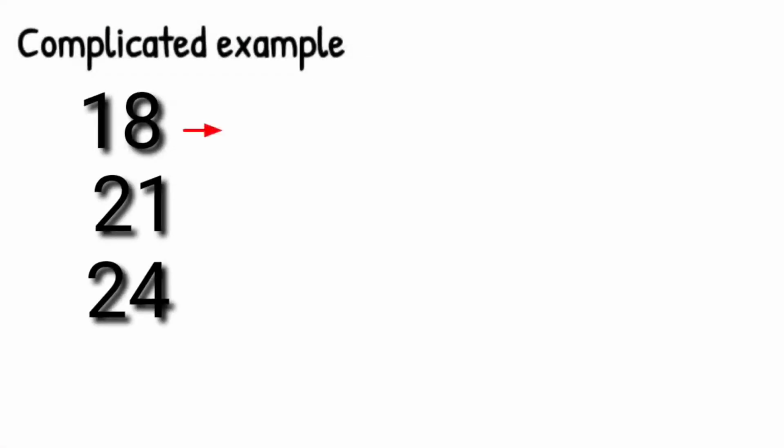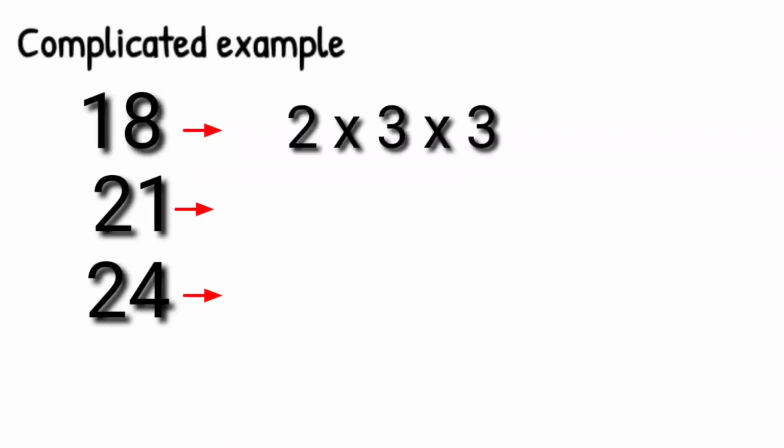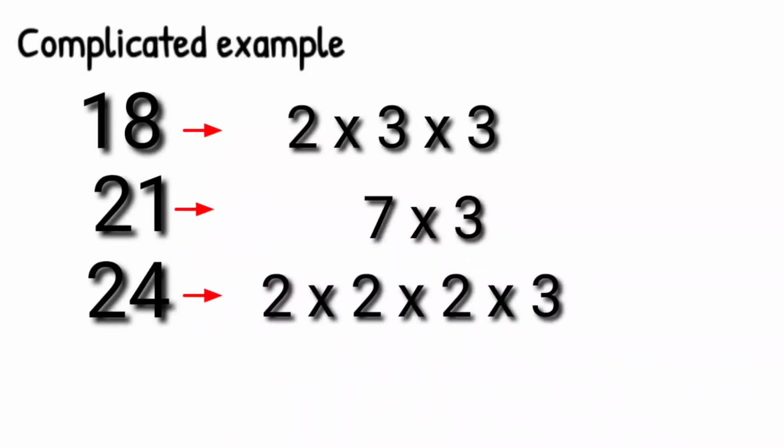In solving a complicated example, the process is also the same. So let us consider 18, 21, and 24. The prime factors of 18 are 2 times 3 times 3. 21 is equal to 3 times 7. 24 is equal to 2 times 2 times 2 times 3.